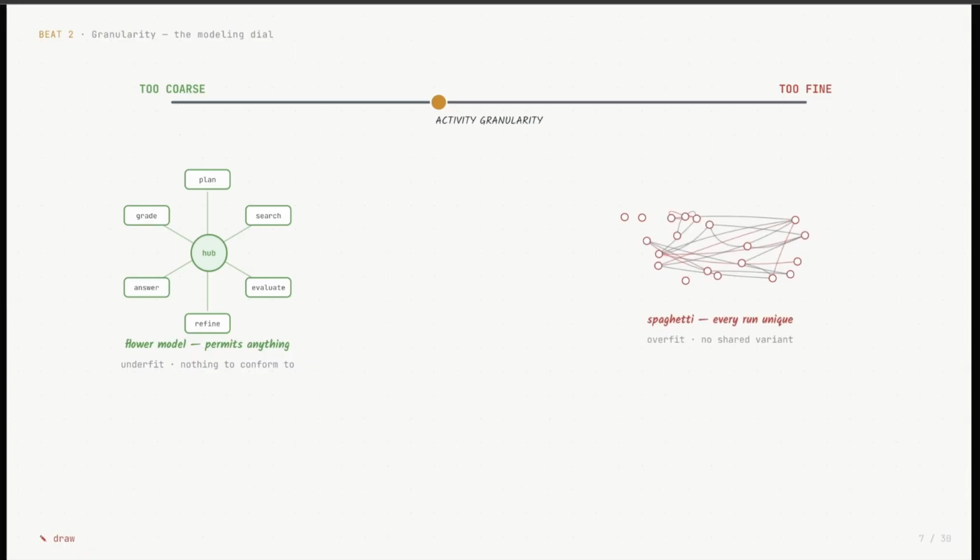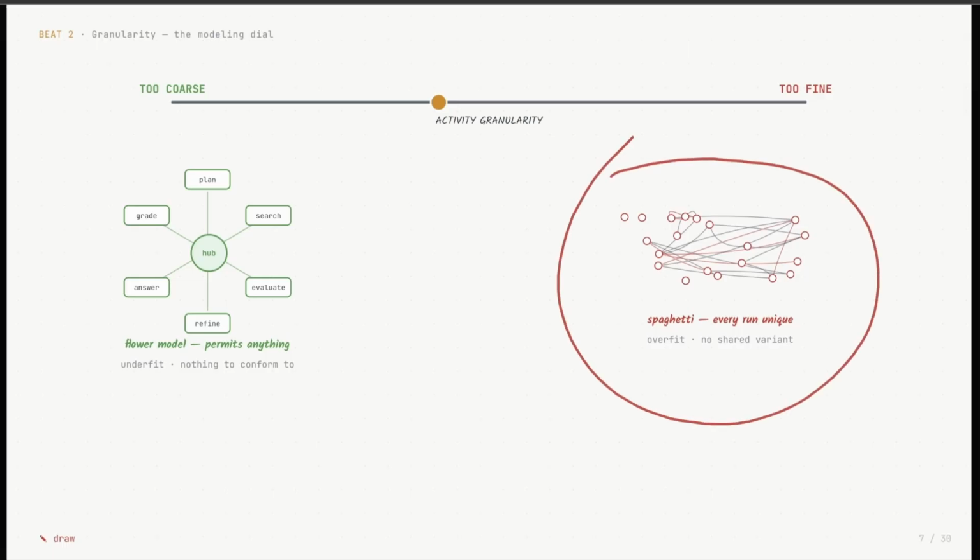On the other side, if the mapping is too fine, then you're mapping every span, every retry, every internal call, and each one of these becomes its own activity. Every run becomes unique, which means this is overfitting, because what you get is a spaghetti diagram. You have too many nodes, too many arcs, so nothing is shared.